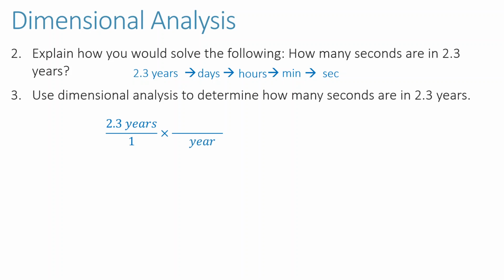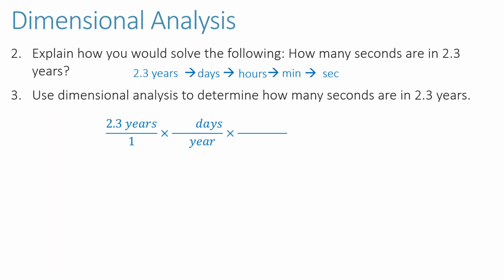And according to the plan that we just wrote in question 2, I want to convert years into days. So I'm going to go ahead and put units of days on top here. Now, if we filled in some numbers and solved right now, that would just tell us the number of days in 2.3 years. So we're not done. We need to keep going.